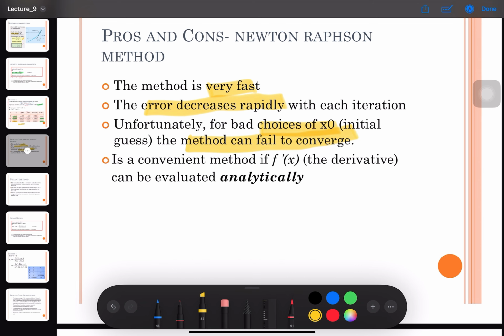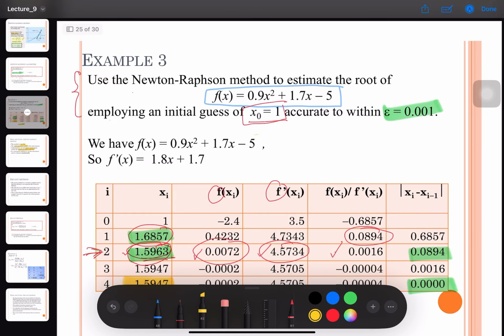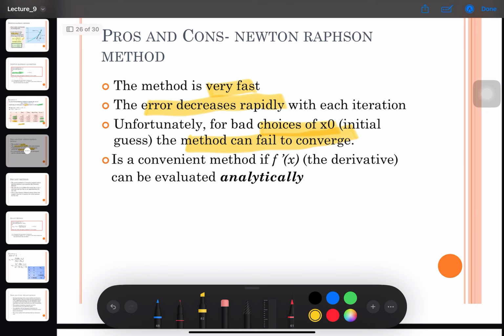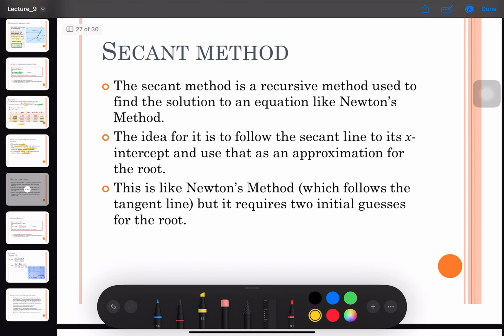Okay, x0 is the initial guess, because we have to take an initial guess here, right? So it is a convenient method if your f prime x can be evaluated analytically. Okay, if it is easier for you to differentiate, then you can use Newton-Raphson.